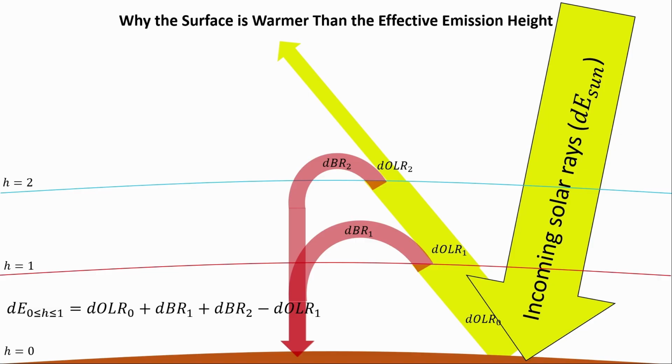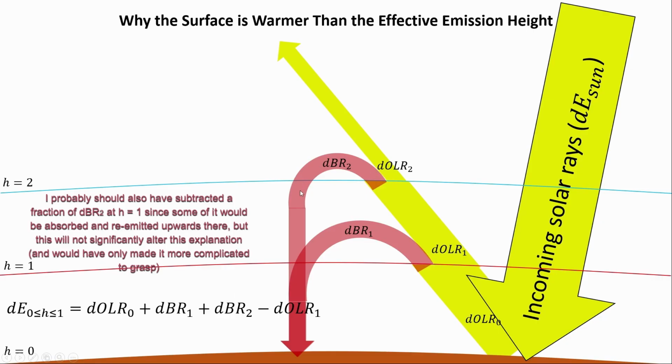So what we find is that the energy in this layer between the surface at H equals 0 and this one at H equals 1 is the energy coming in from the OLR here at 0 and from the back radiation at 1, but also the back radiation at 2. Then we subtract the OLR at 1 because that's the energy escaping out the top of this section right here.